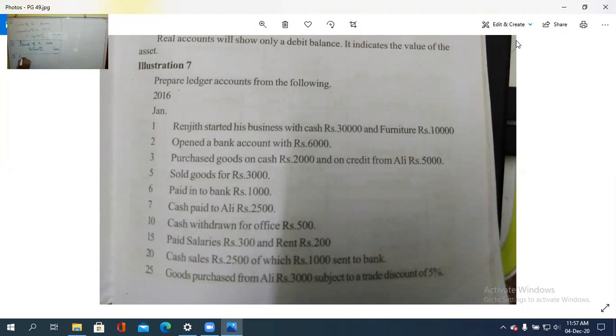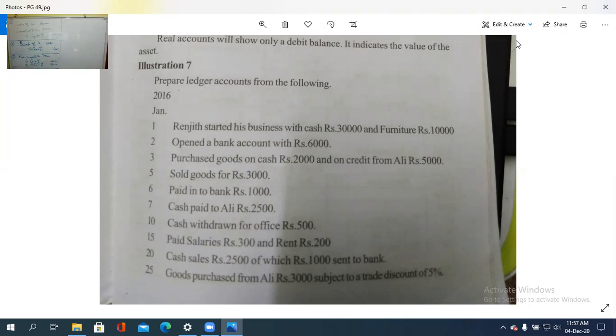So purchases account debtor to cash 2,000, and to Ali, that is Ali's account, how much is it? 5,000. So total 7,000 purchases they made.